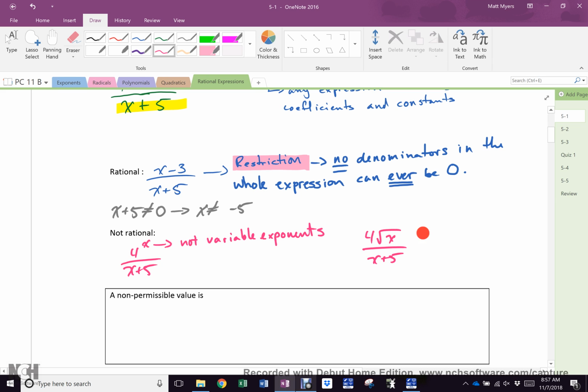But isn't this 4 times x to the 1/2? So should that be allowed? It's the exponent that I'm not allowed. Should that be allowed? It should be, but it's not. All right? I'm not allowed variable exponents, and I'm not allowed radical variables. Now, why do you think that is?